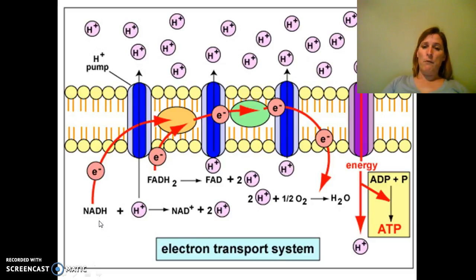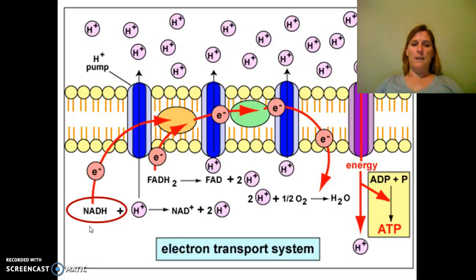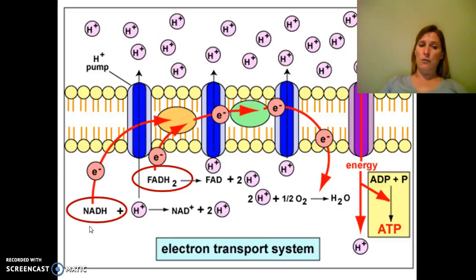Okay, so remember we created in the Krebs cycle NADH and FADH2, which is stored energy, and those electrons from NADH and FADH2 are going to be able to pass through our electron transport system. We're going to move these electrons through a series of proteins, just like we did in photosynthesis.